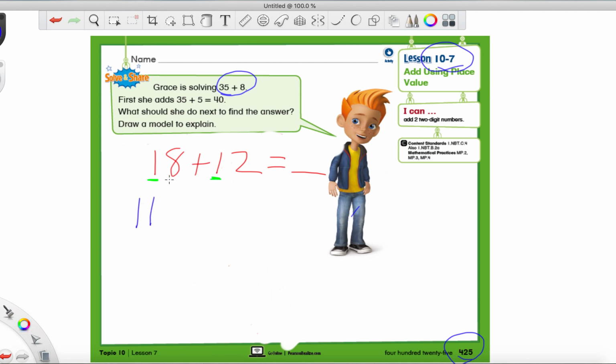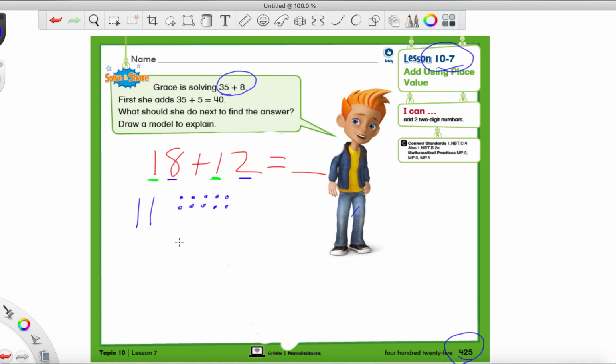Next, we're going to look at the 1s place in each number. Well, first we have 8, so I'm going to draw 8. 1, 2, 3, 4, 5, 6, 7, and 8. Okay? And so I drew my 8. Now I need 2 more because we have a 2 right here. 1, 2.